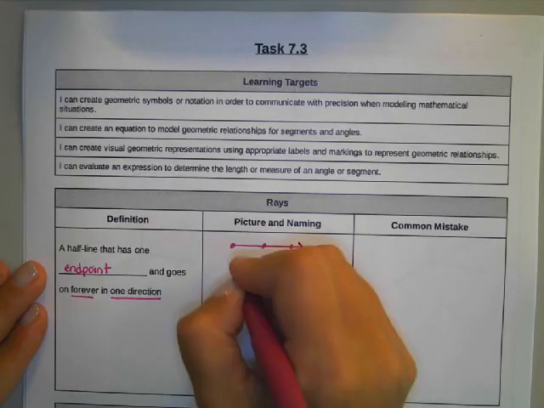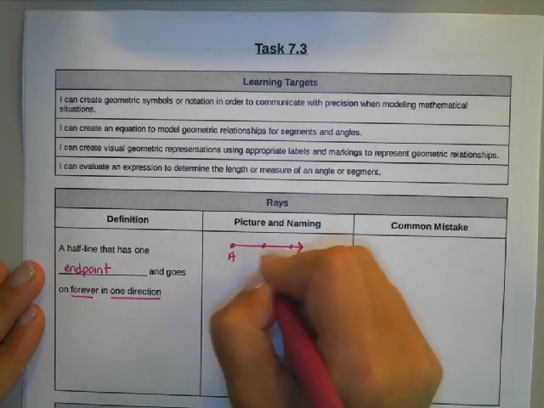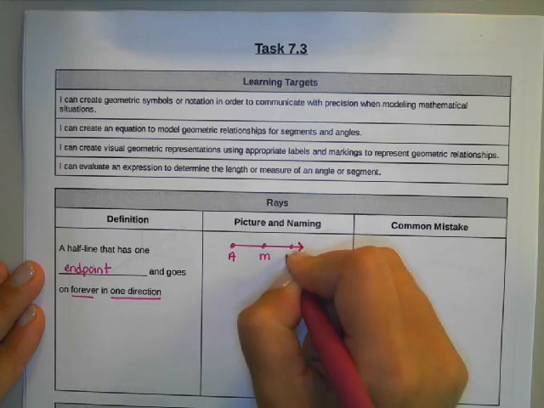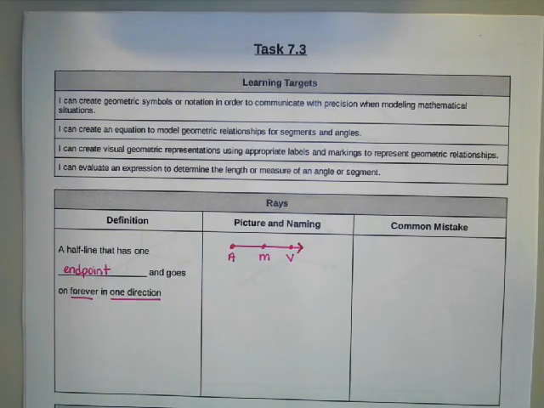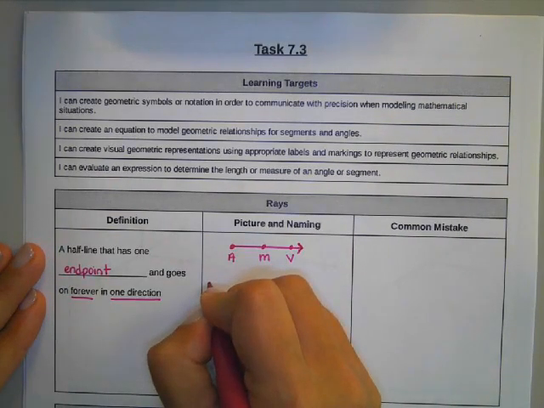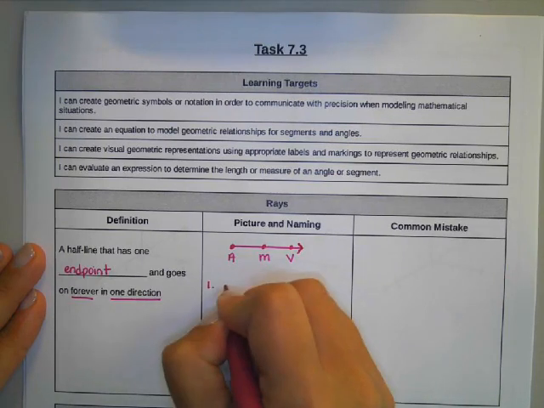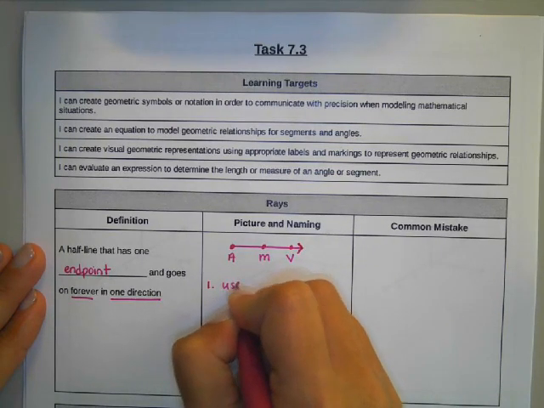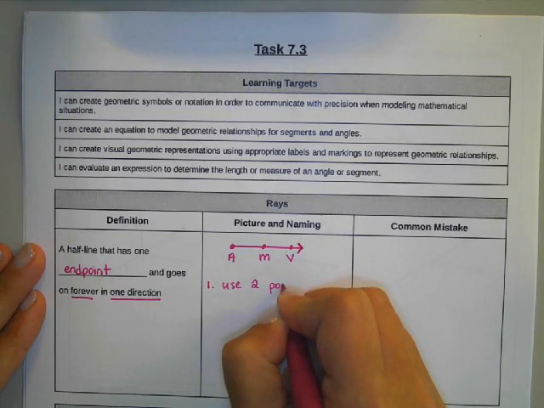I'm going to go ahead and give these points some names, A, M, and V, and that way we can talk about how to name a ray. So there is one way to name a ray, and there are a couple rules. When you name a ray, the first rule is you always use 2 points.